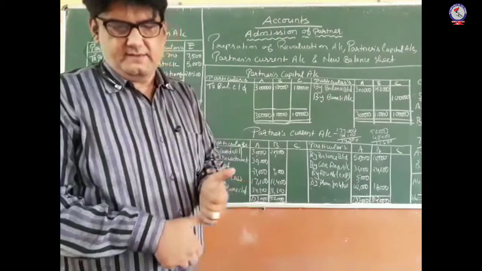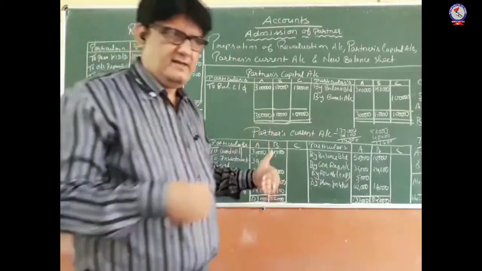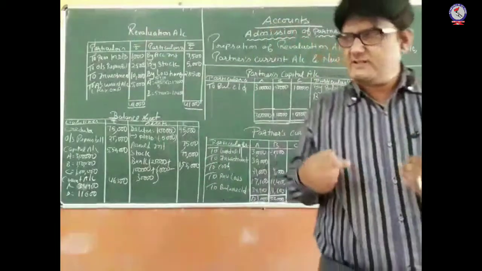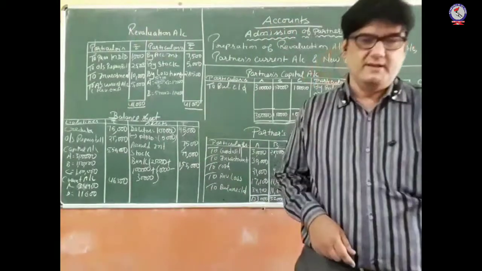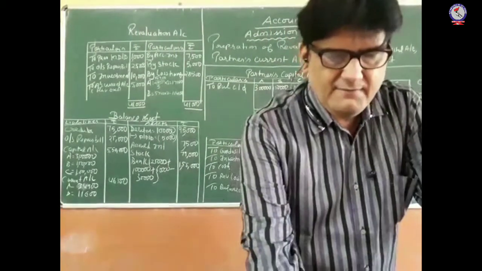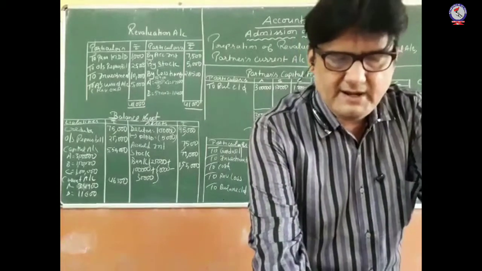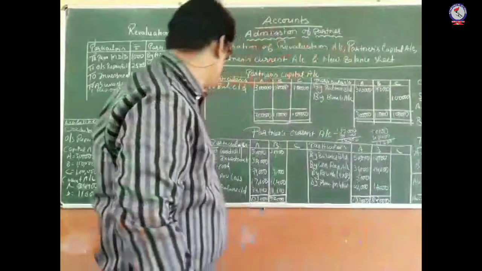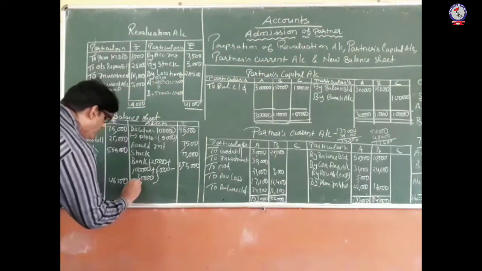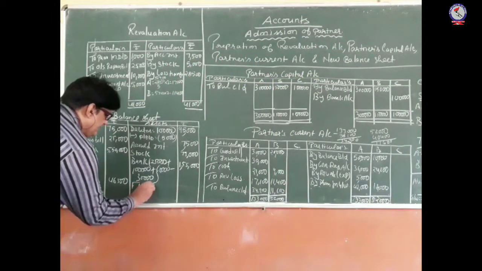Okay, then one more thing, the remaining assets. There are still some remaining assets in the balance sheet. So remaining assets are like fixed assets. They have said that there was one fixed tangible asset, 3,60,000. So that will go in the new balance sheet as it is.